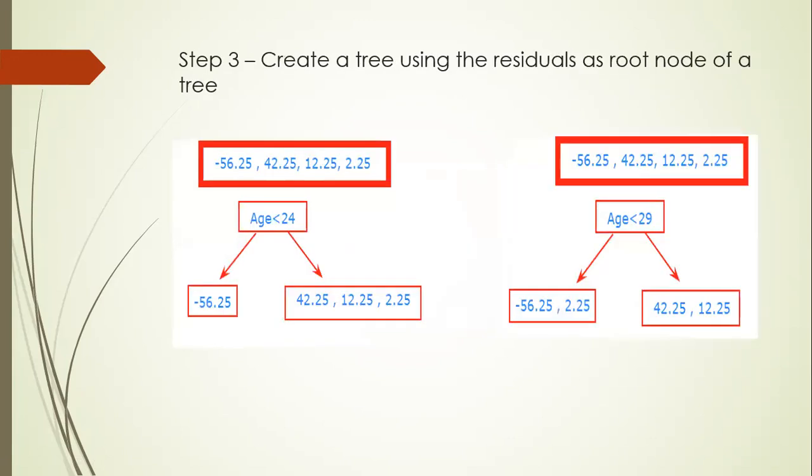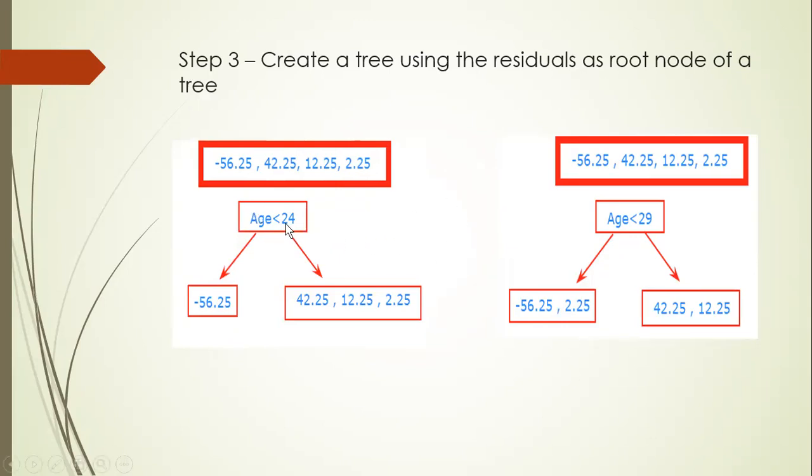Now it will try to create a tree. The second weak learner will try to create a tree. This is not the decision tree that we have studied earlier. This is a different kind of tree, but a little bit the same.